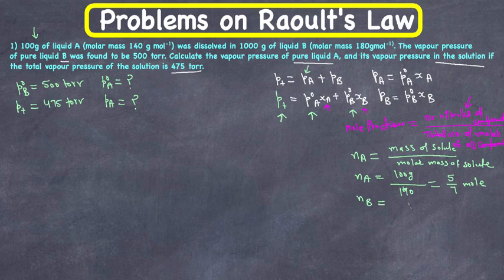Similarly, we can calculate Nb, and it is going to be mass of the solvent, which is 1000 gram, divided by molar mass of the solvent, which they gave us as 180 gram per mole. And when we do the calculation, this gives me 50 over 9 mole. Now we can calculate mole fraction.